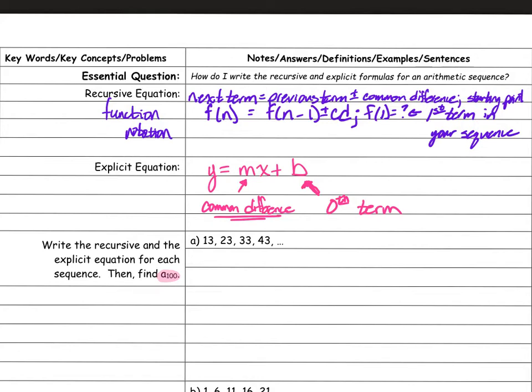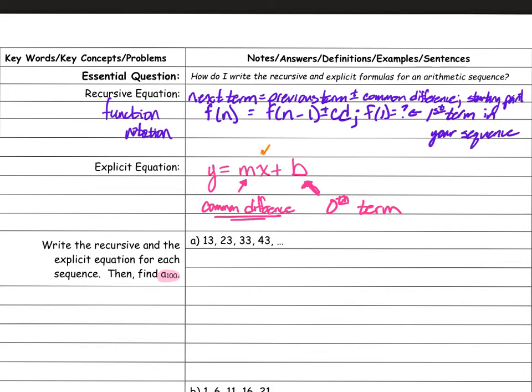So if I wanted to use the recursive equation, I could do that. That just means I need to find all 99 terms before I find the 100th one. Or I could use my explicit equation and plug 100 in where x is, because remember, this number x, we defined it on the last page.